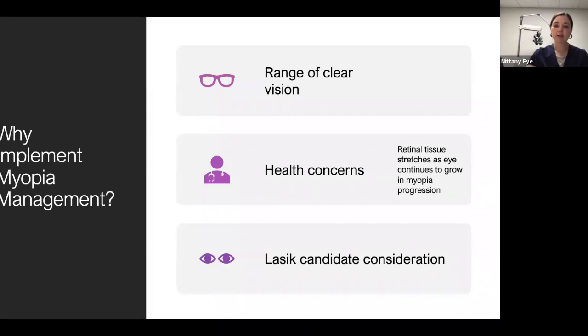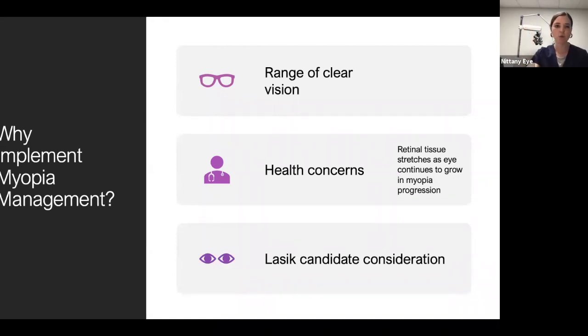And then on the top of this screen, it says range of clear vision. What that means is the higher the prescription, the closer to the person, if that's you, the natural focal point is. So for people who are about a -1, if you have the computer that you're watching on right now about an arm's length away from you, a -1 focuses at about that arm's length. Someone who's a -4 can get by doing some reading and working on a phone because it's about, if I turn sideways, this close in.